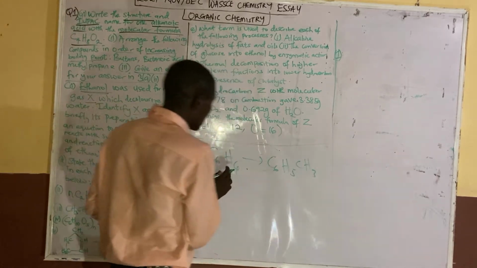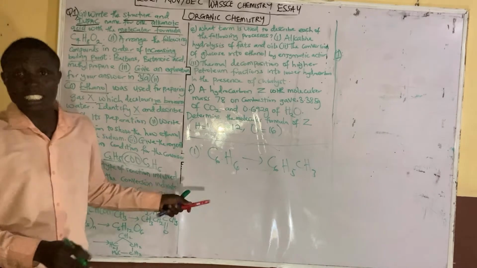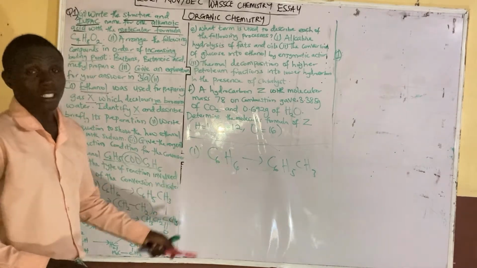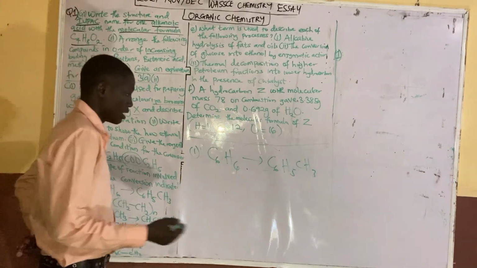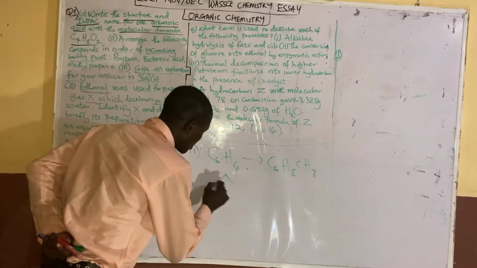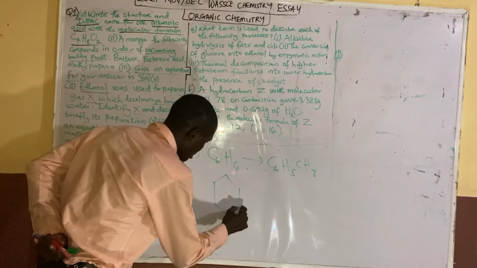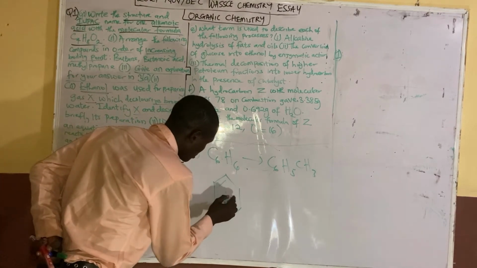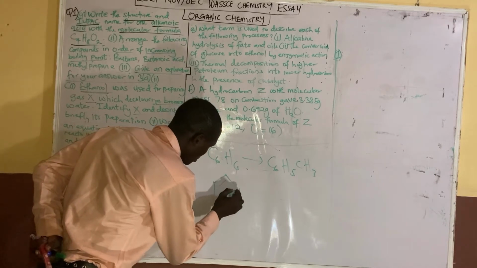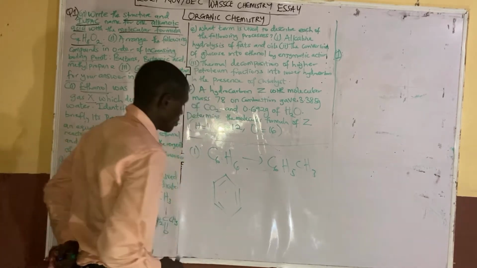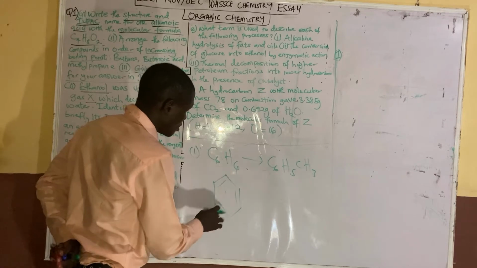C6H6 is an aromatic hydrocarbon. It's an aromatic hydrocarbon, and actually it looks like this. That is benzene. It looks like this. This is the ring form. If I have to split it very well, this is the ring form.